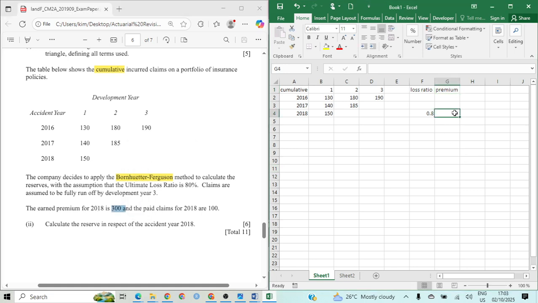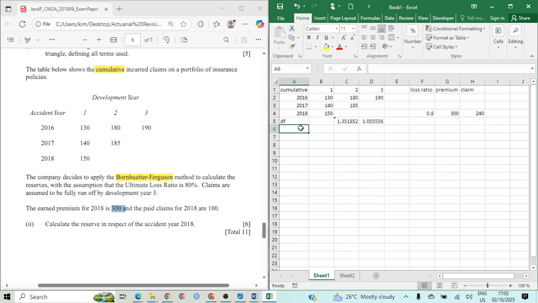So the premium is 300, and we know that loss ratio is claims over premium. So that makes claims equal to the loss ratio multiplied by the premium, and we get 240. We go on to calculate the development factors, which is a sum of these two values divided by a sum of these two, and then here we will have 190 divided by 180.